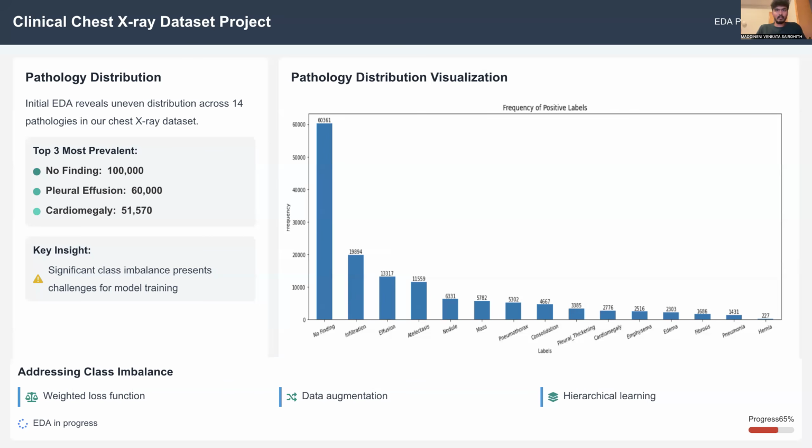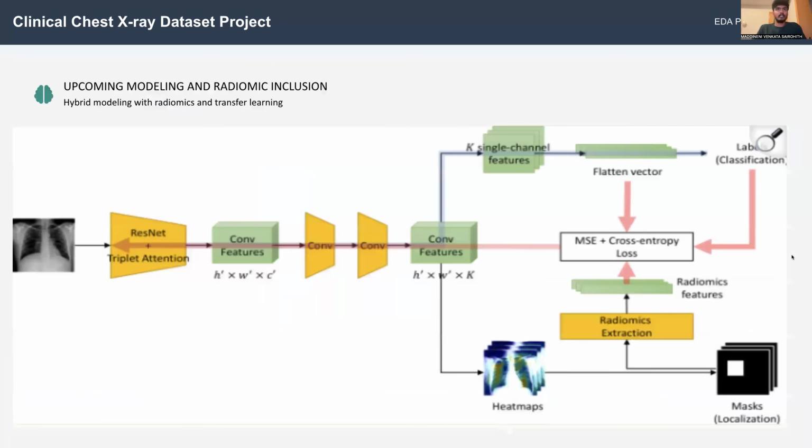Going to the radiomics part, I haven't started it completely because I need to explore various methods to approach it. I plan to do early testing using the DenseNet 121 model just to set a baseline.